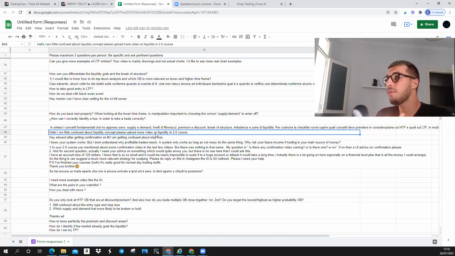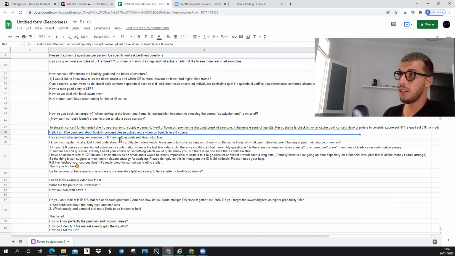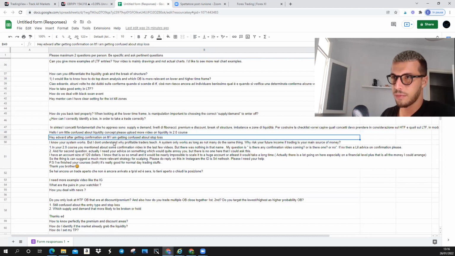But liquidity is a little bit more complicated to spot, so you just need to get your eyes trained to see liquidity. You need to spend more time on charts, and look for it. Every time you're looking for a setup, always ask yourself if there is still liquidity left somewhere.